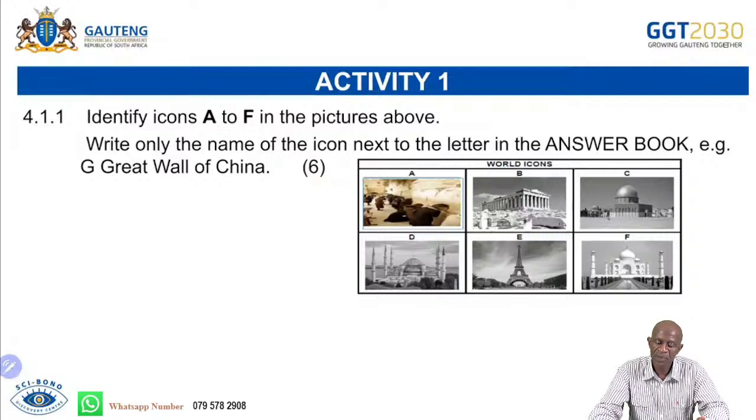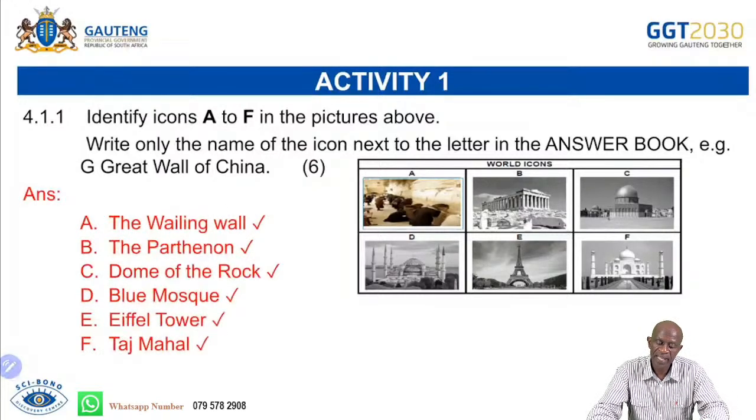Write only the name of the icon next to the letter in the answer book. For example, G, the Great Wall of China. So here are the pictures. I'm sure you are able to recollect which one is A, B, C, D, E, and F.